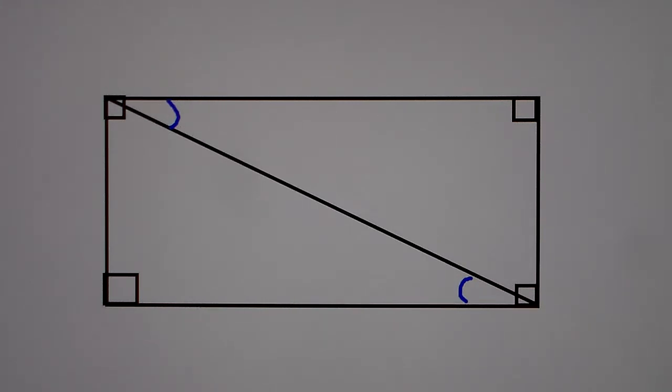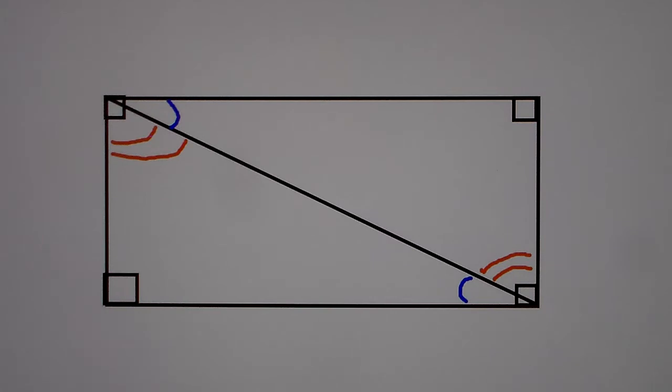We also know this angle here is equal to this angle. And that's by definition of alternate interior angles.